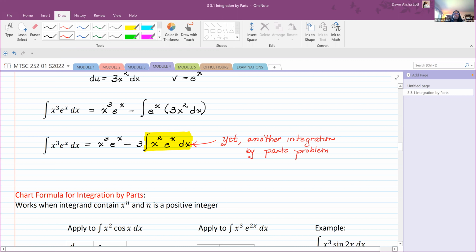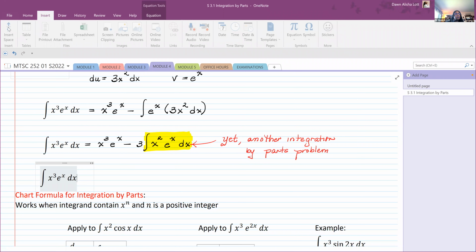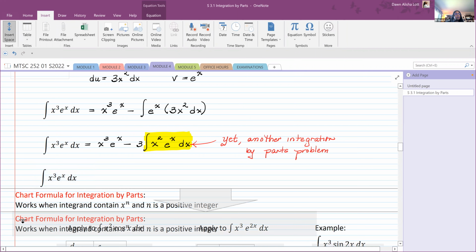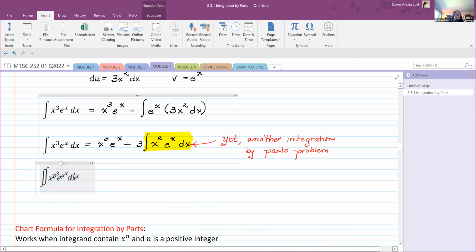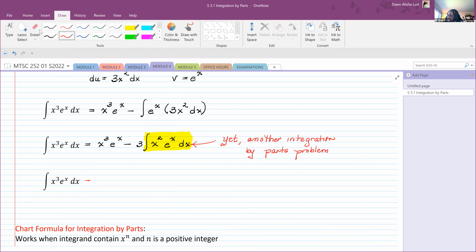Okay, so put this here. This is equal to x cubed e to the x.